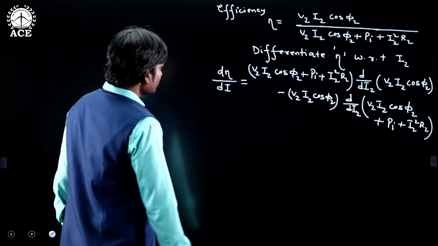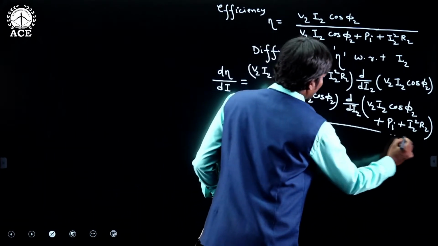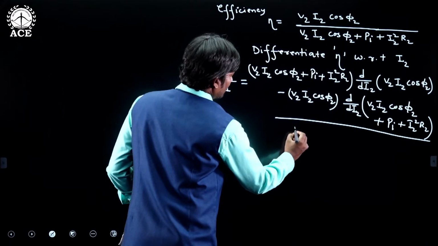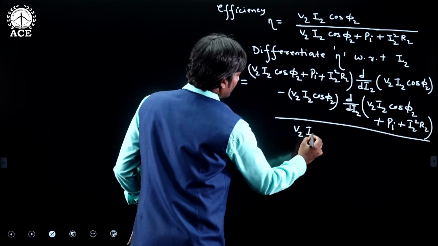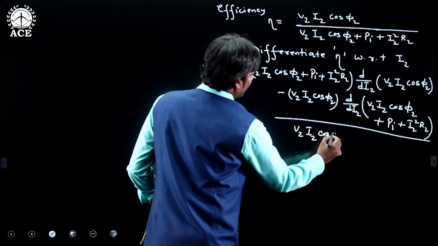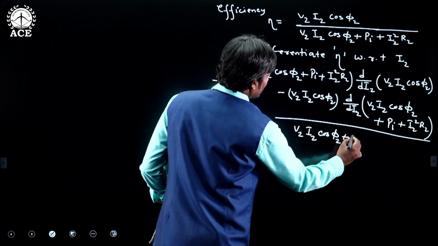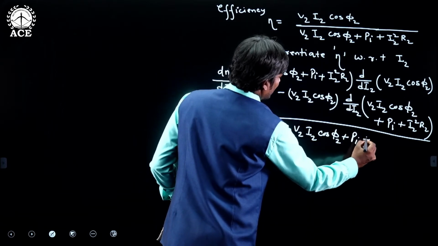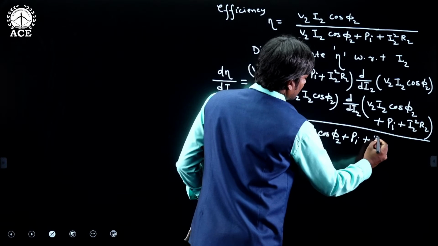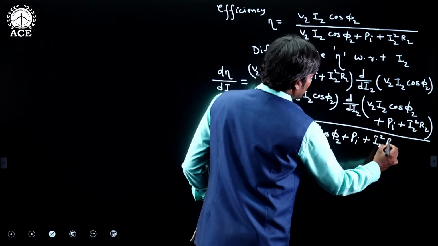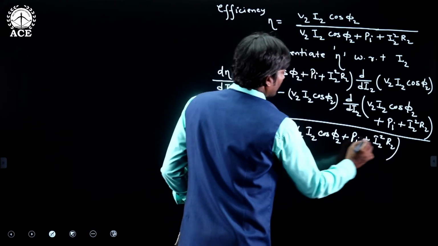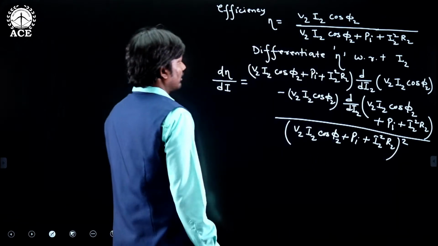divided by the denominator squared, V2 I2 cos phi 2 plus Pi plus I2 squared R2, whole squared.